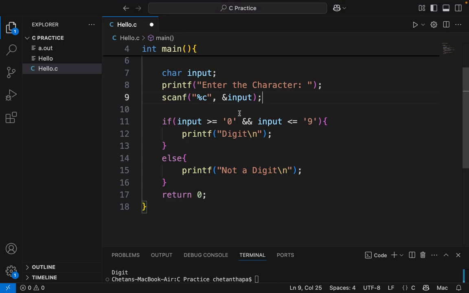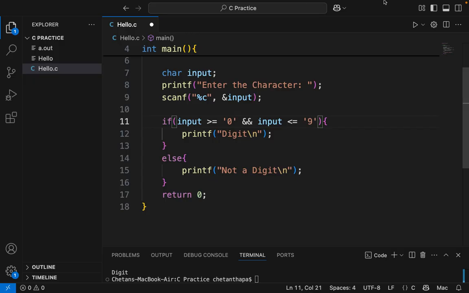You might have seen we usually use this type of quote for char. And input is smaller than or equal to 9. Every character in a program has its ASCII value.